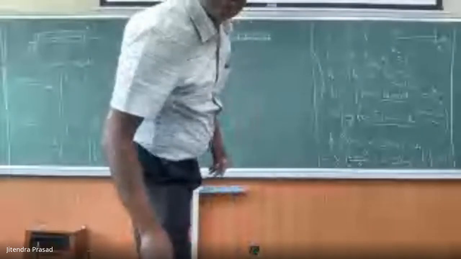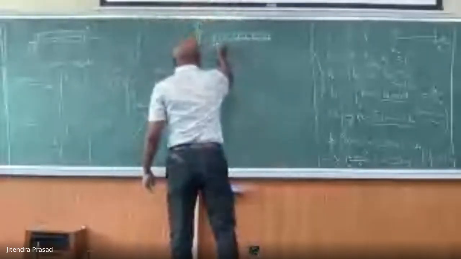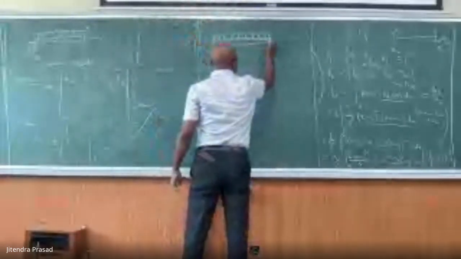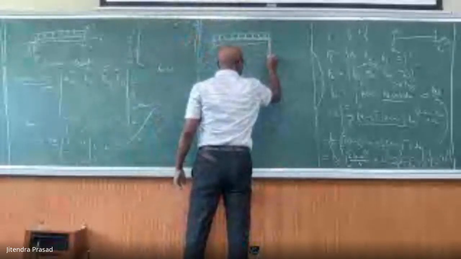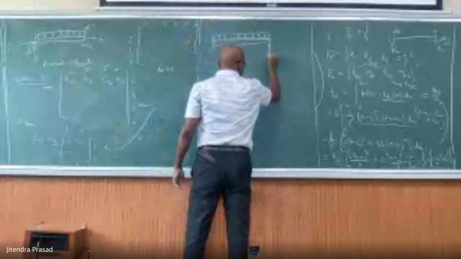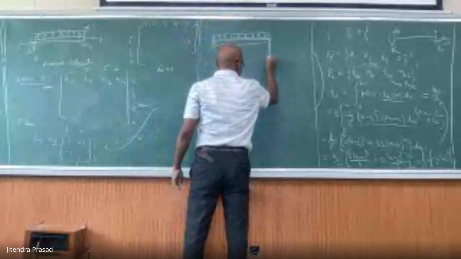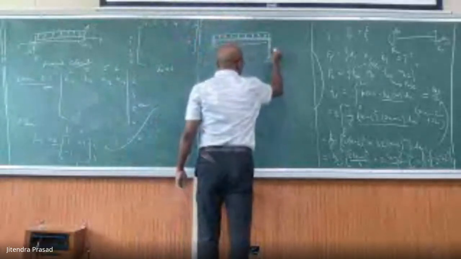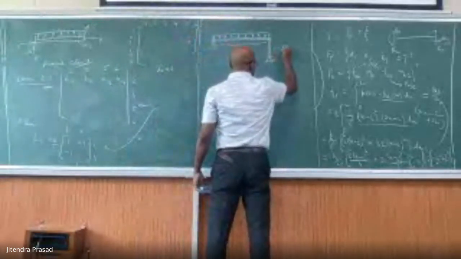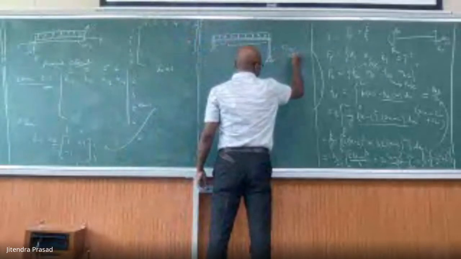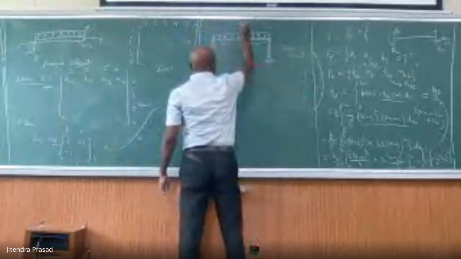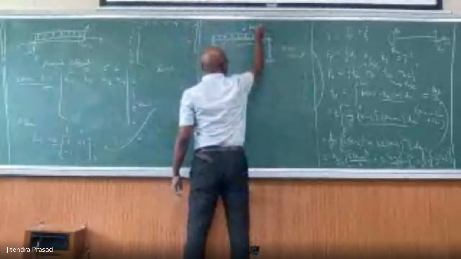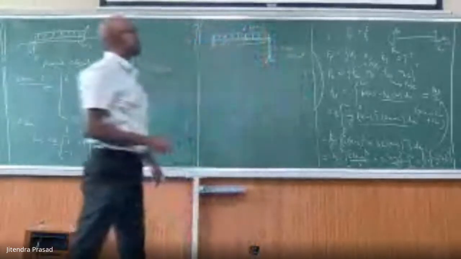And then you have L, and you have this bar as the truss element. Right? So this is the truss element. Bar we call it, or truss element. This is the beam. Now, how to solve this?